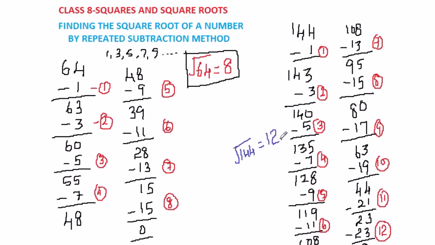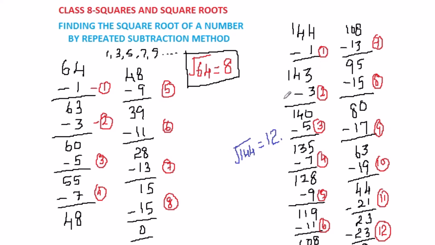In a similar manner, we can subtract even for a 4-digit or 5-digit number, but it is time consuming. That's why the long division method was introduced. This is the way of getting the answer by the repeated subtraction method, for any 2-digit or 3-digit number. That's enough for now.